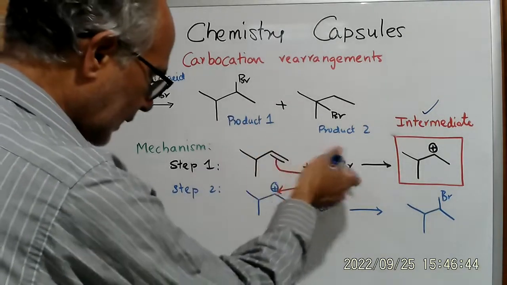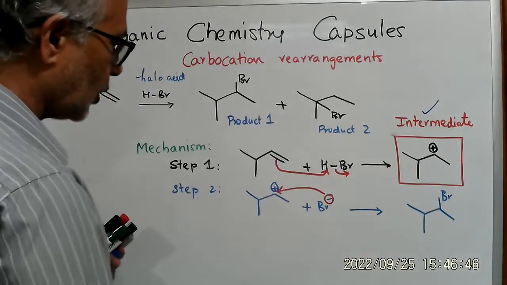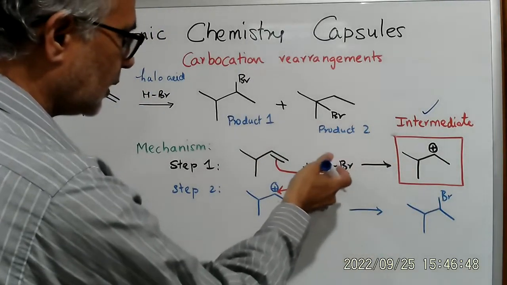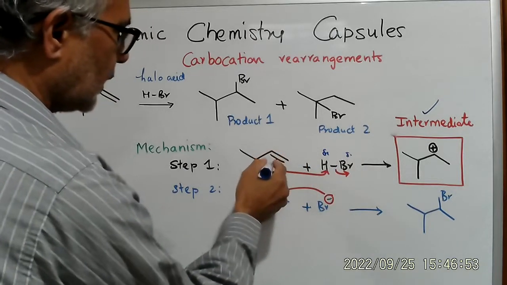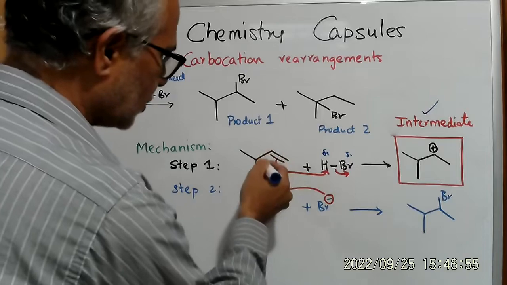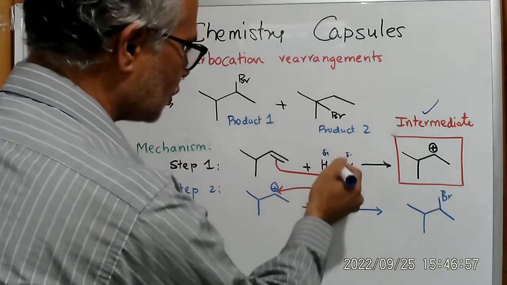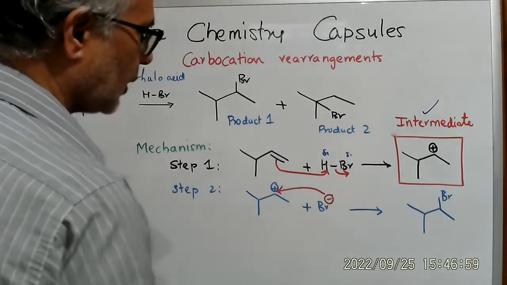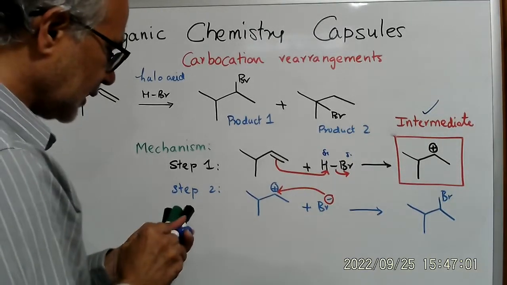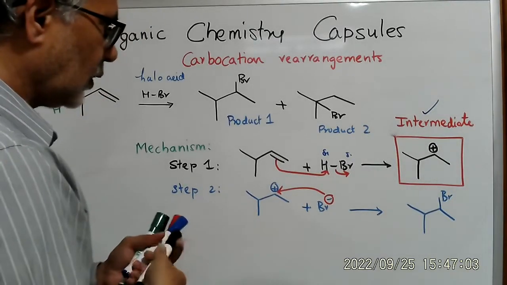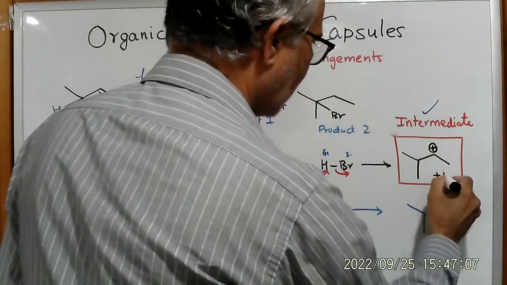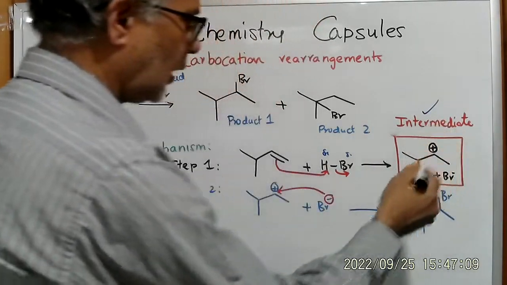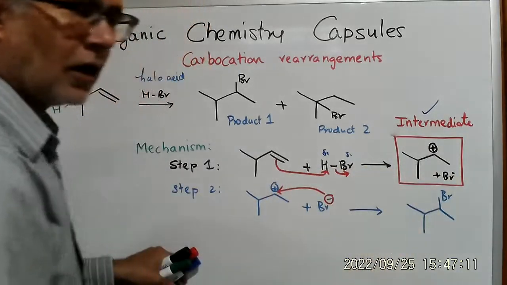It reacts with HBr, which has delta plus, delta minus, so the double bond electrons flow and pick up the H plus, and the HBr bond breaks. This results in what is called an intermediate, not the final product. So we have this carbocation and bromide ion.